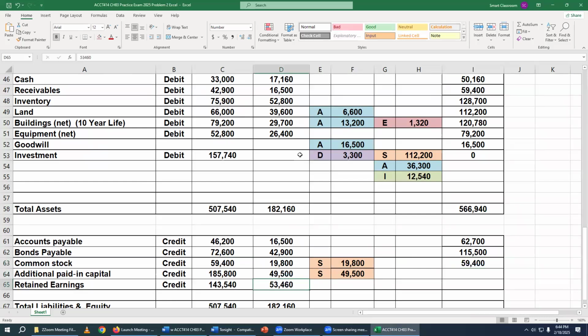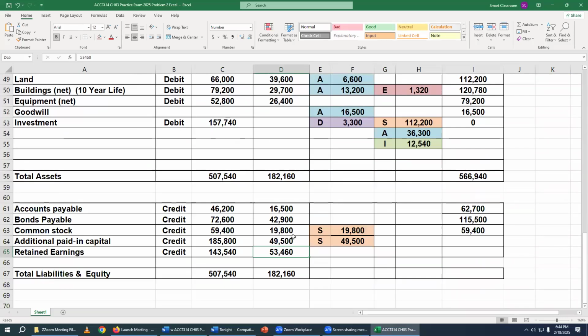Retained earnings is eliminated up here completely. These two are gone also. There's no outstanding stock out there. If you want stock, you can only buy the parent company stock. You can't buy this stock. So only the parent company stock is going to be left.